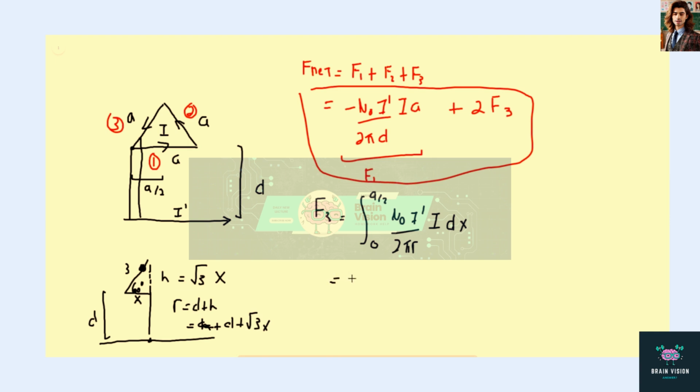And I'm going to go ahead and pull out a bunch of these constants. So we'd have mu naught I prime I over 2 pi. And now we're just integrating from 0 to a over 2 dx over r, which is d plus root 3x.